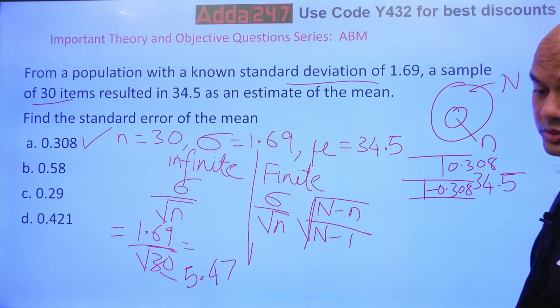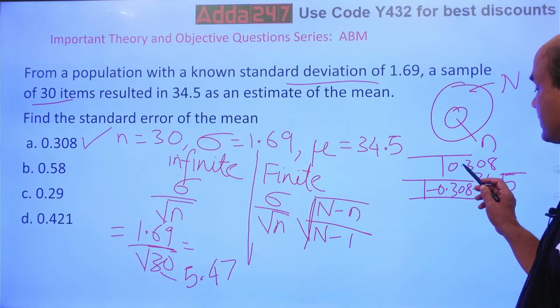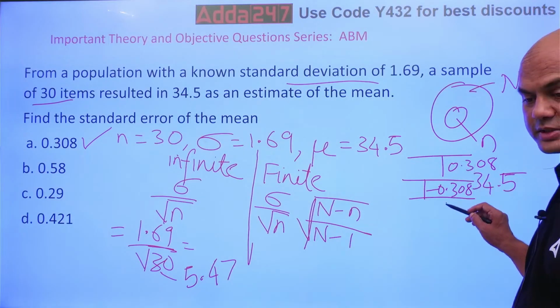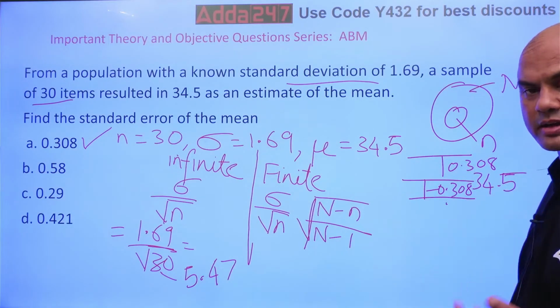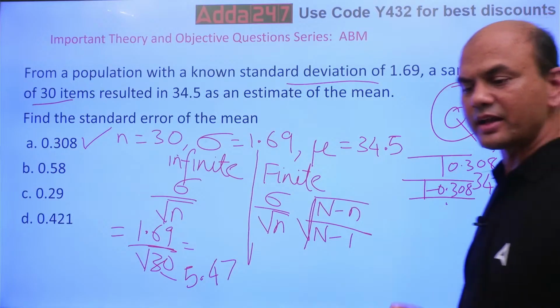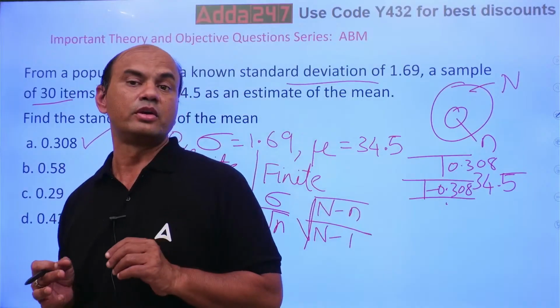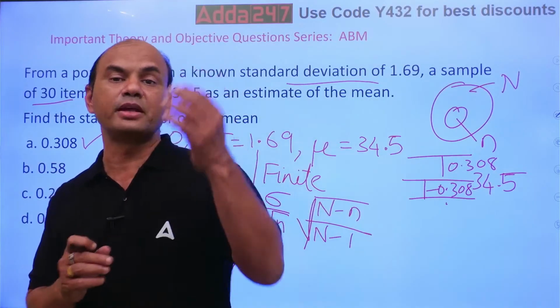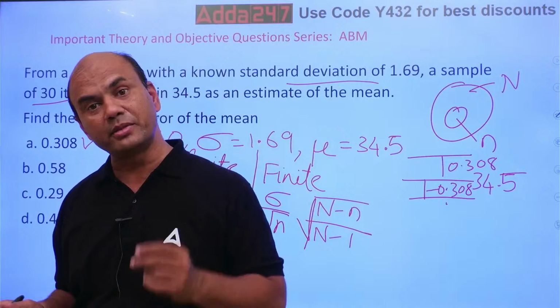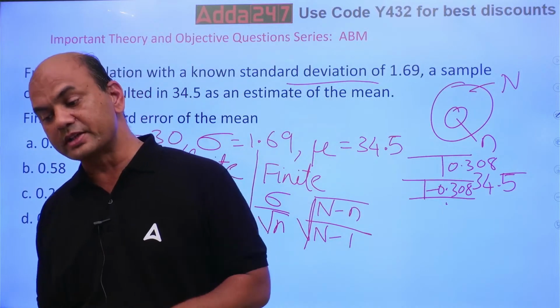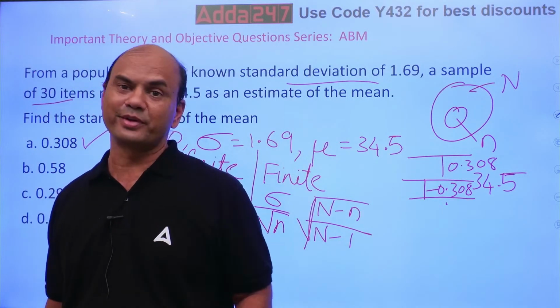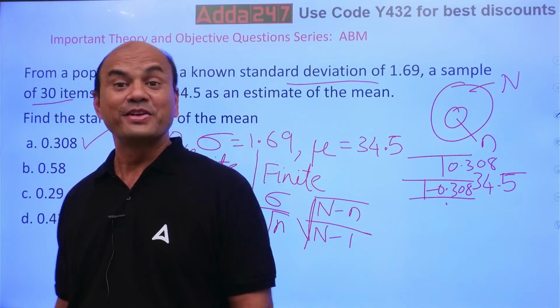If they ask you for two standard errors, just multiply this by 2, and add and subtract. So the standard error means, to your standard answer it will be plus something, minus something, maxima and minima. Never forget this, it's maxima and minima. So that was the answer.